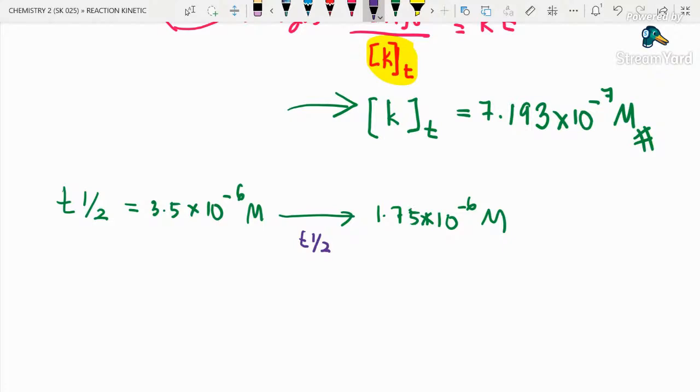Once we have shown that it is the half life, then we can use the formula.